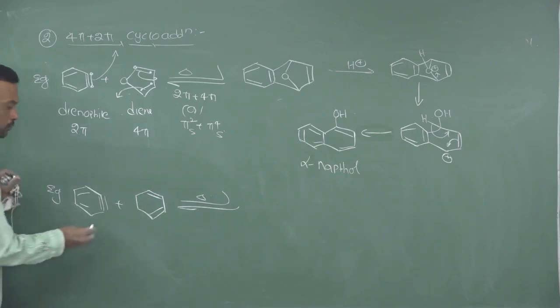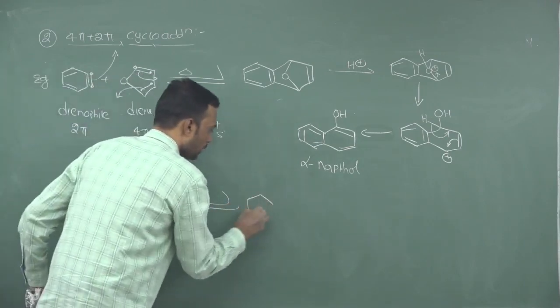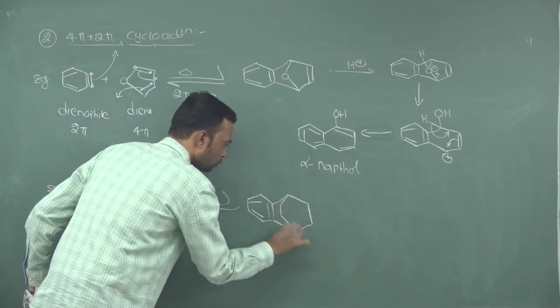Which is the 2 pi partner? The first one. This is the 4 pi partner. Migrate and transfer here. So can I write like this? Double bond, 1, 2, 3, 4, and here 1, 2, and this.